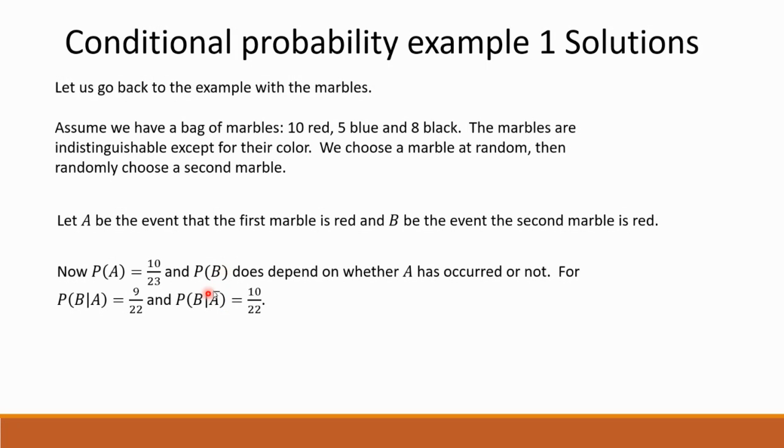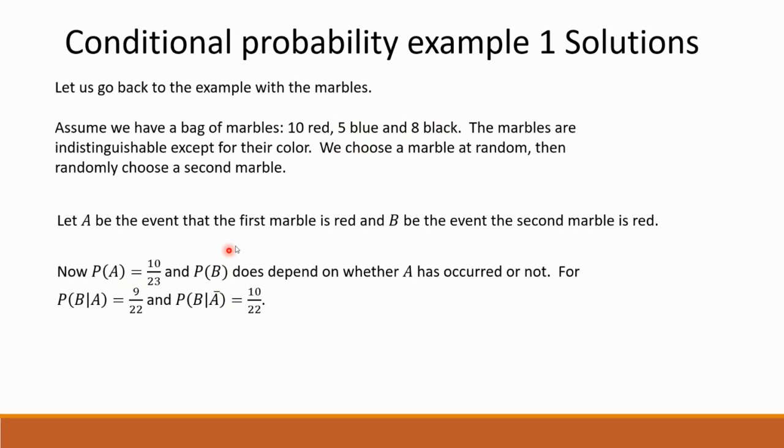Now the first one, the probability of A, that's pretty easy. You're choosing a marble at random. There's 10 red marbles and there's 23 marbles altogether. So the probability of A is 10 out of 23.